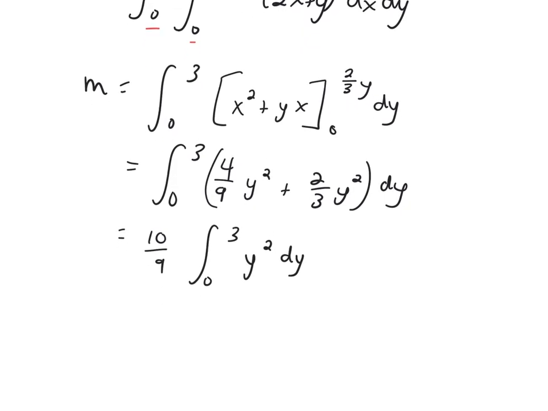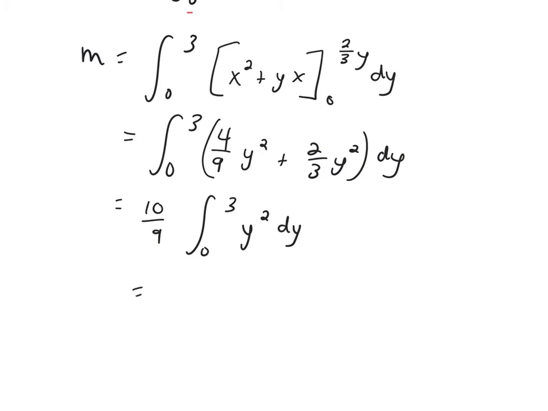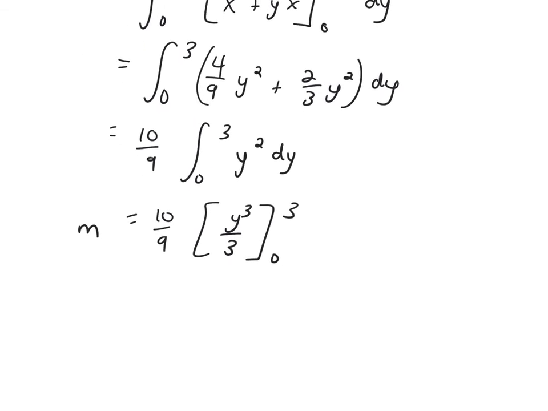And then I just need to integrate y squared, which would be y cubed over 3 from 0 to 3. And then if you plug in 3, you'll get just 10. So my answer for the mass is 10 here.